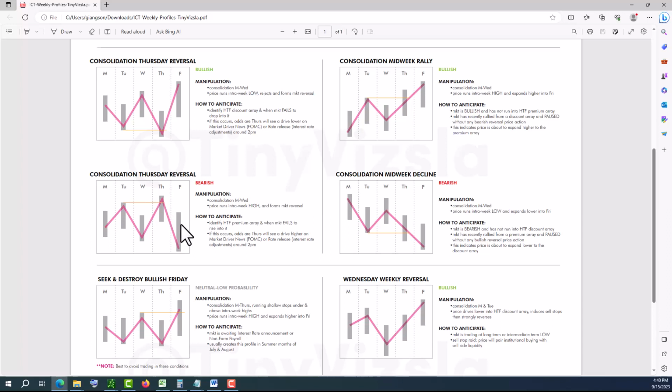Friday shows up. So consolidation from Monday to Wednesday, price runs into the week high, and then forms a market reversal. Anticipate, identify the high time frame premium array when the market trades into it. If it occurs on Thursday, the odds are that Thursday is going to see a drive high on the market.